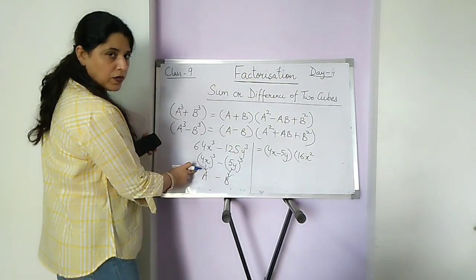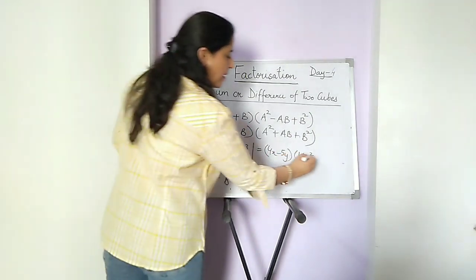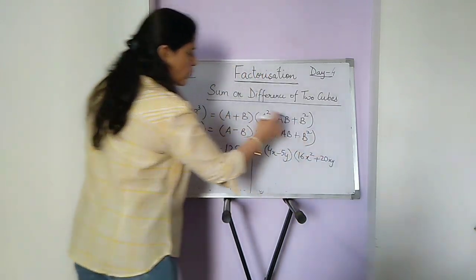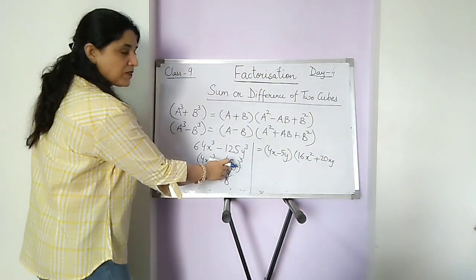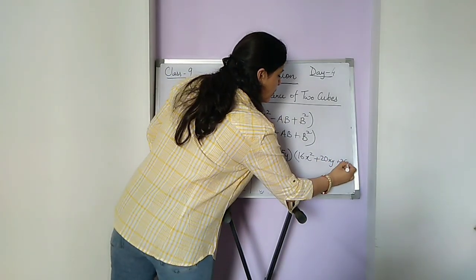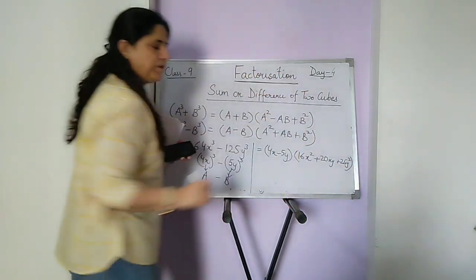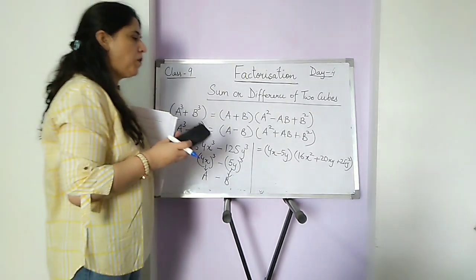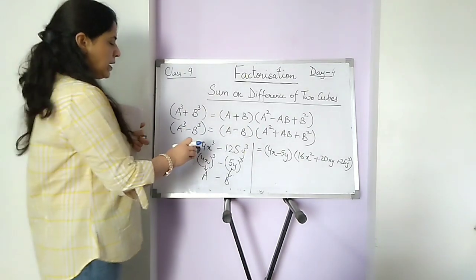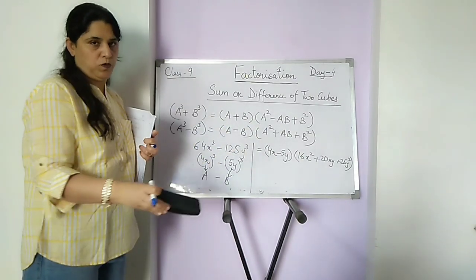Multiply a and b, you get 20xy, plus b square. What is b square? B is 5y, so square of 5y is 25y square. Is there nothing common? So this is the factorized form of a cube minus b cube.